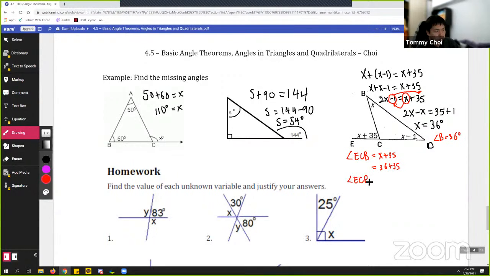So angle ECB is equal to 71 degrees, 36 plus 35. And our last one, angle D, which is x minus 1, which is 36 minus 1. So angle D is going to be equal to 35 degrees. And there's our final answer for that one.